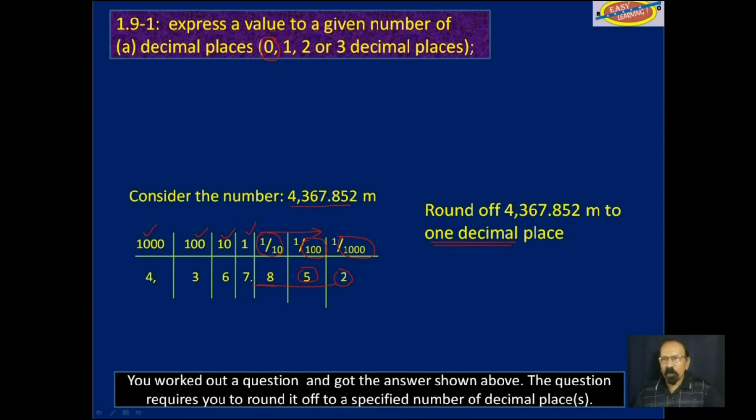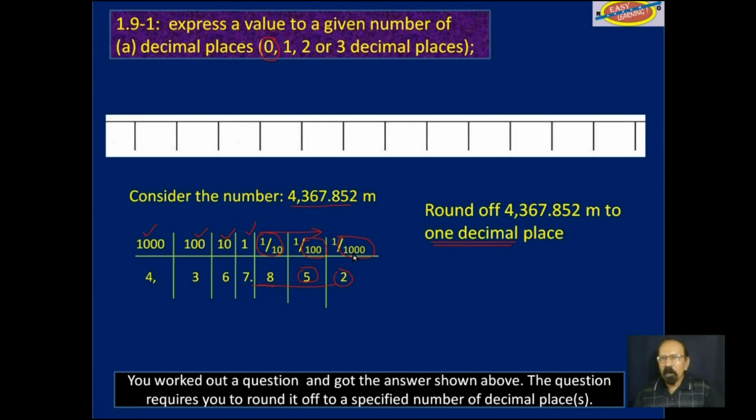All right, so let's see what we will do. This time, we will consider this number line in a little more detail. To the left here, we will have 4,367.8, that is this point here. And to the right, we will have 4,367.9, that is this point. So between 0.8 and 0.9, we will divide that up into 10 equal parts. The middle part will be 0.85.